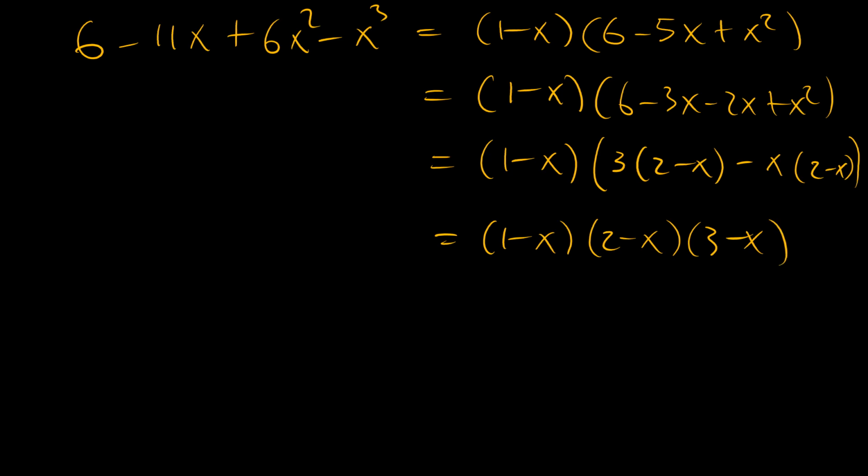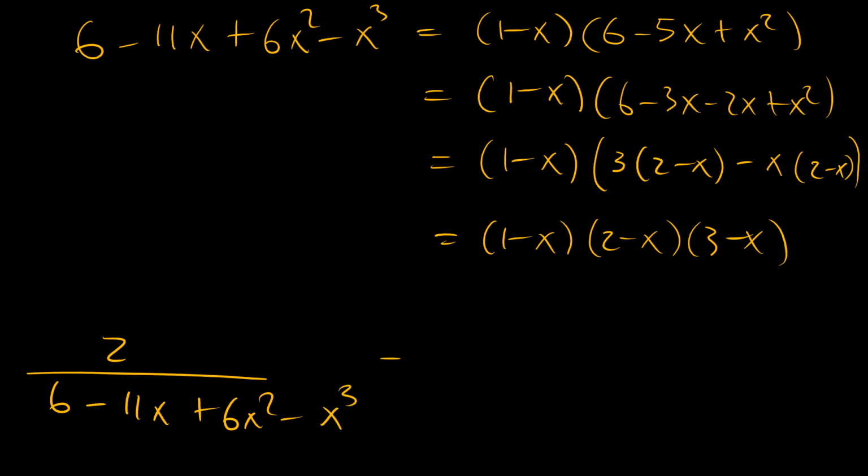Okay, so our fraction 2 over 6 minus 11x plus 6x squared minus x cubed is equal to, say, 2 over 1 minus x, 2 minus x, 3 minus x.